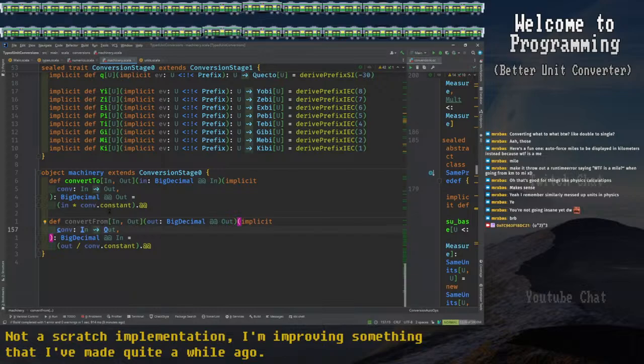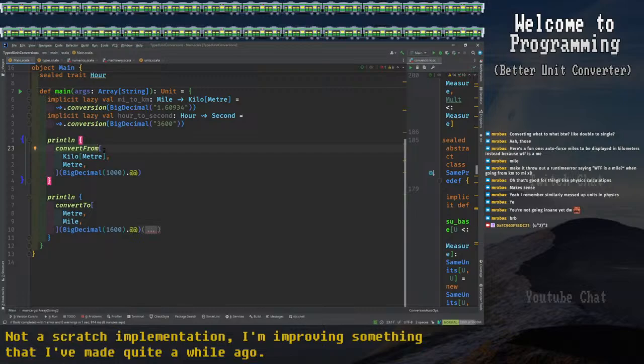I defined it like this. Ideally, this is going to be out to in. It's also going to be a times. Yeah, this is converting from meters to kilometers. What do I convert to, right? Which is so strange that it just won't let me.